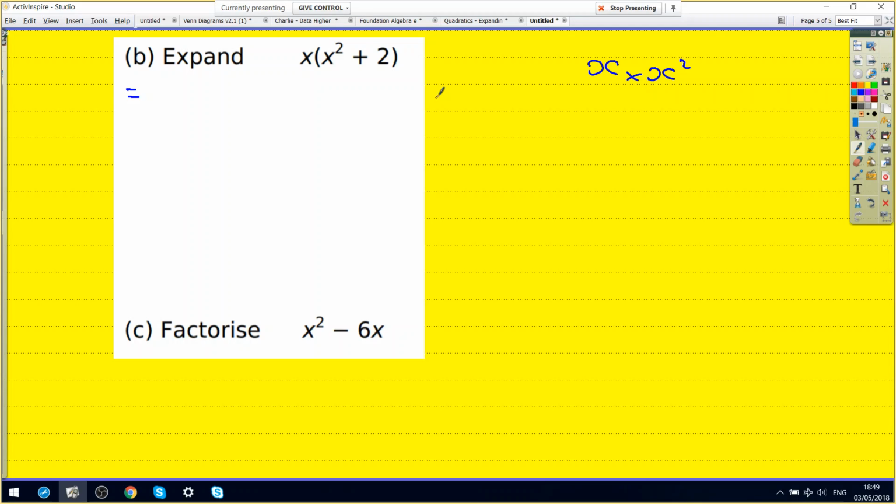Oh, 3x to the power of 3. Yeah. So 3. X times 2. That would be 2x. Yeah. Okay, how about C?